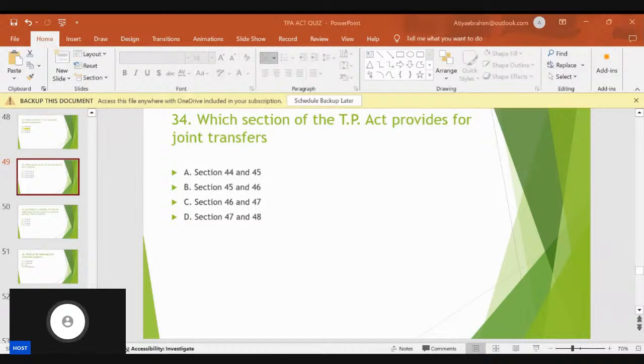And what about 45 and 46, students? What about 45 and 46?